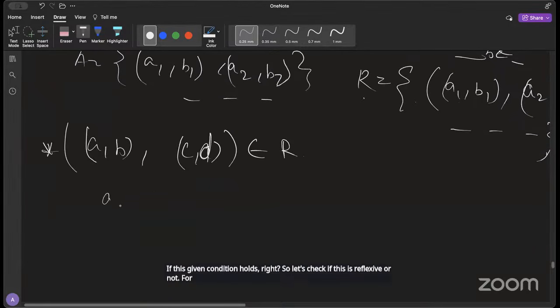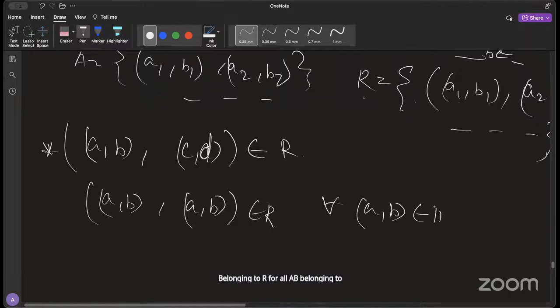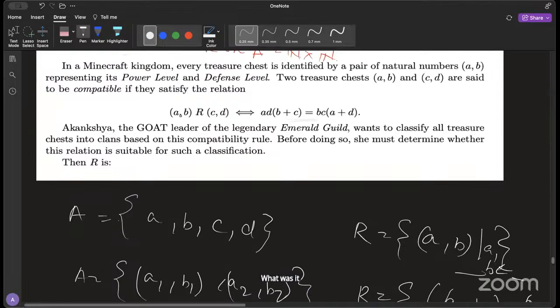For reflexive, you need AB and AB belonging to R for all AB belonging to N cross N. And what's the condition? This is true only when, what was it? The product of first and last and sum of the middle ones, and then product of the middle ones and sum of the first and last.